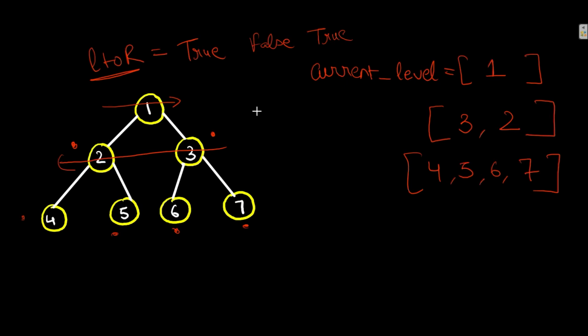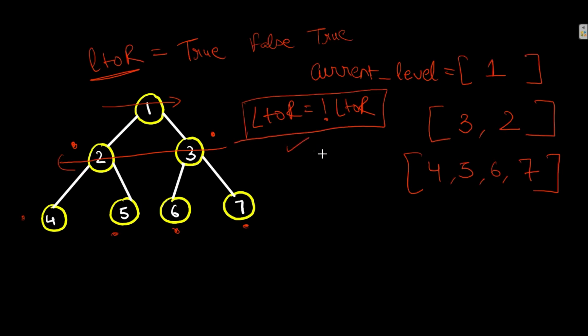So what we are doing is, after going to each level, we are changing left to right to not of left to right. So we are changing this variable after each level, and this variable tells us whether to fill the array, which is current level, in the left to right manner or in the right to left manner.